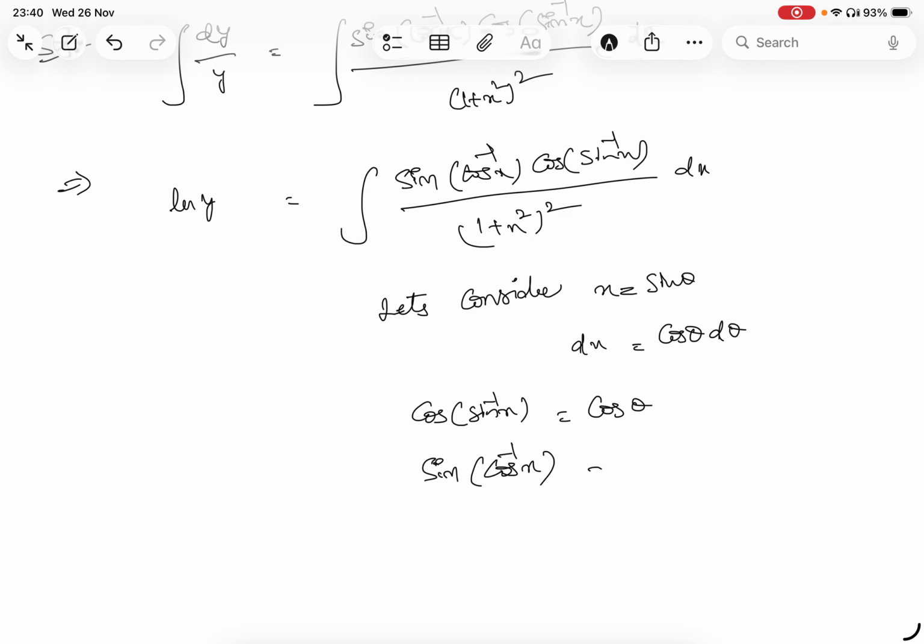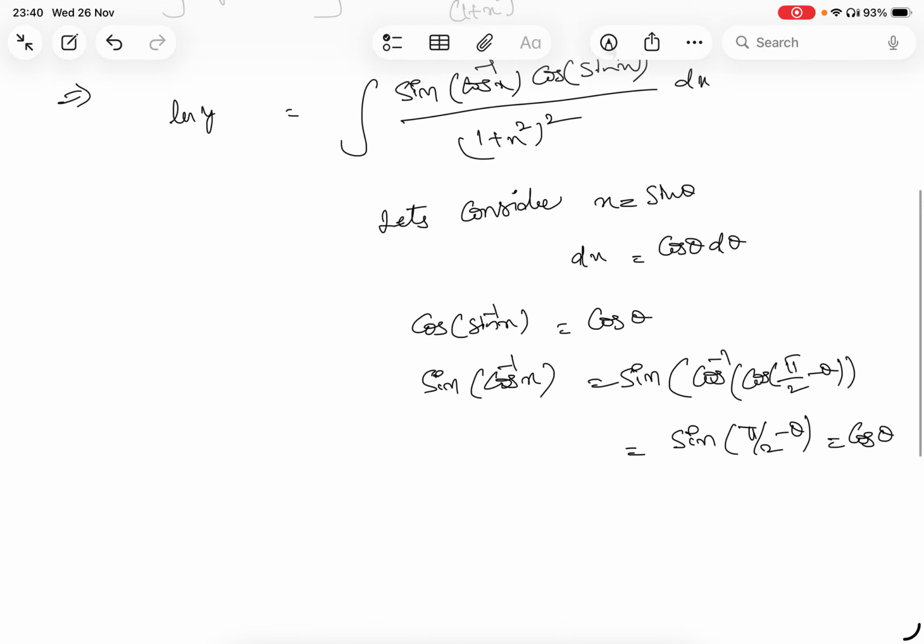Fine. This can be written as sine of cos inverse of sine theta, right? To get cancelled with cos inverse, you can write sine theta as cos of pi by 2 minus theta, right? Cos of pi by 2 minus theta is sine theta. Fine. Now this cos will go, then this becomes sine of pi by 2 minus theta, which is cos theta.